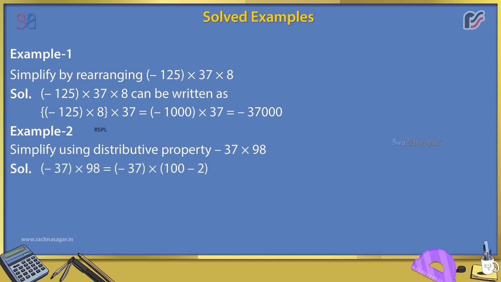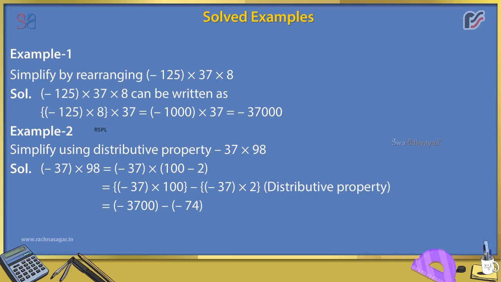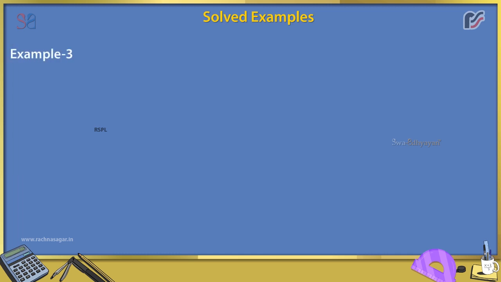Solution: (minus 37) into 98 is equal to (minus 37) into (100 minus 2) is equal to (minus 37 into 100) minus (minus 37 into 2), distributive property, is equal to (minus 3700) minus (minus 74) is equal to (minus 3700) plus 74, which is equal to minus (3700 minus 74), which is equal to minus 3626.